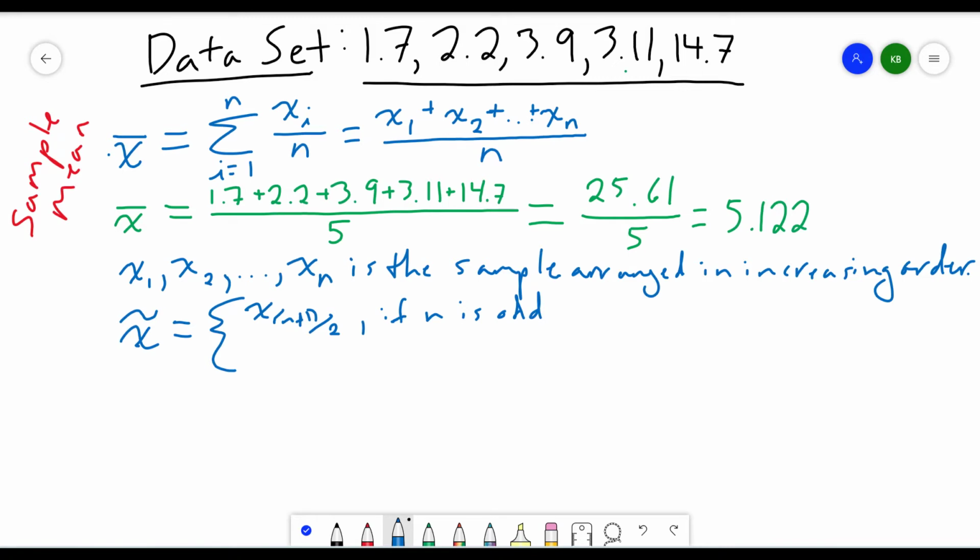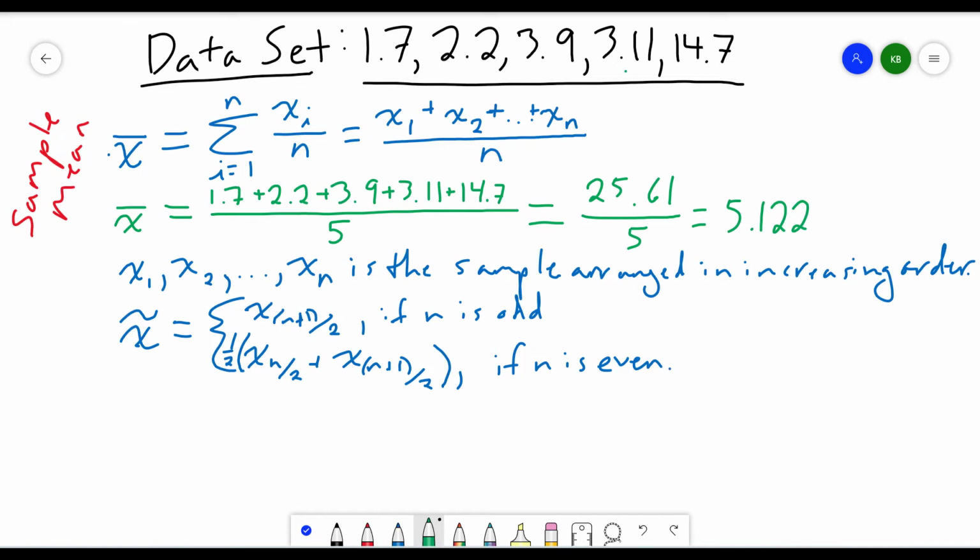And we have 1/2 times x sub n divided by 2 plus x sub (n divided by 2) plus 1, if n is even. So we have two different ways that we can go.